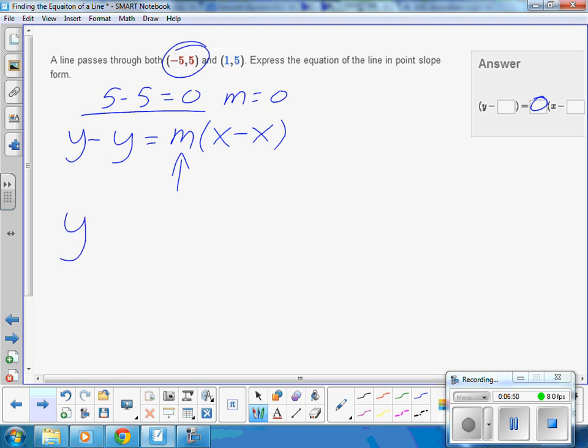So using my red point, y minus 5 is equal to my slope, 0, times x minus x, which in my red point, x is a negative 5. Okay, this, remember, makes a positive. So here, it's going to be y minus 5. My slope is 0, and this is going to be x minus a negative 5.